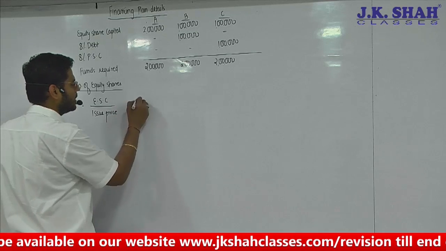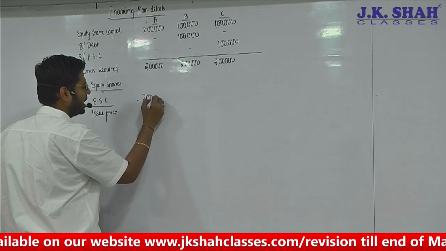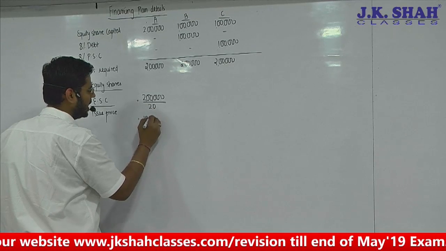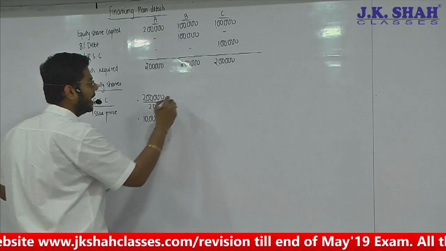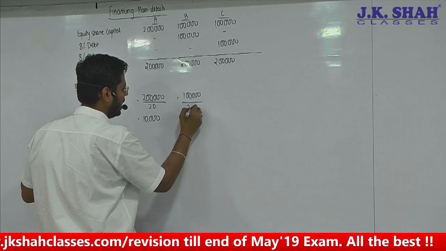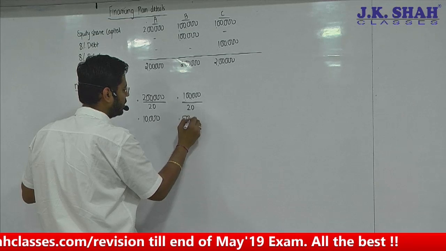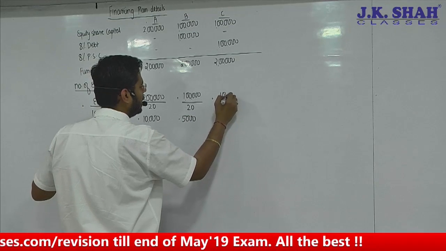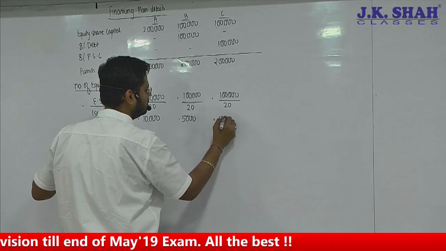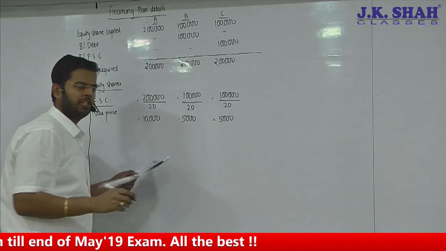So we say this will be 2 lakh rupees and one share will fetch me 20 rupees, so I get 10,000 shares. Here I want 1 lakh rupees, issue price is 20, so we will issue 5,000 shares, whereas here 1 lakh again by 20, so we have 5,000 shares.